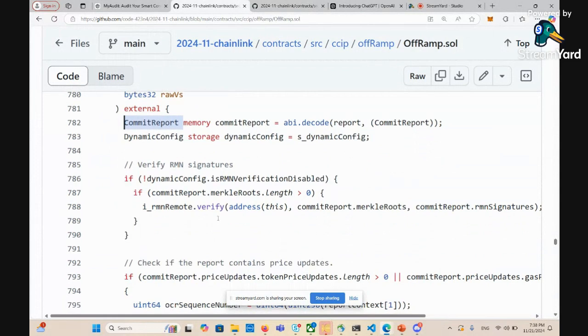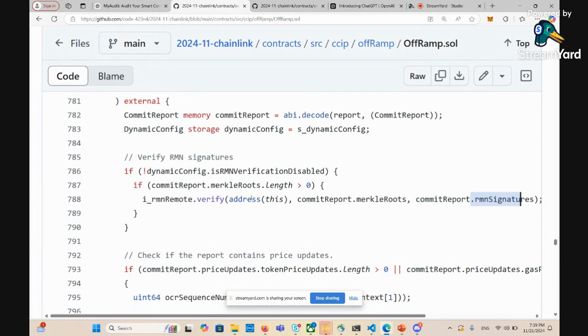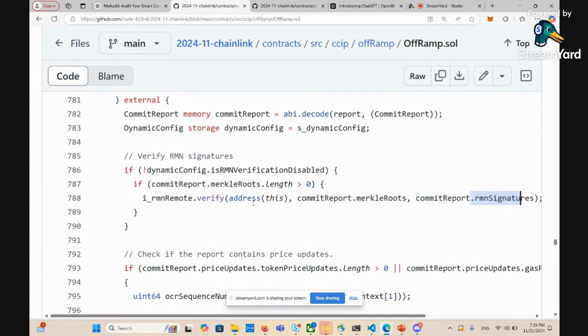So we're going to let the first group of people, RMN, check first. This is the roots, and then this is their signature. They check it only when you have roots to check. This is a list of roots.